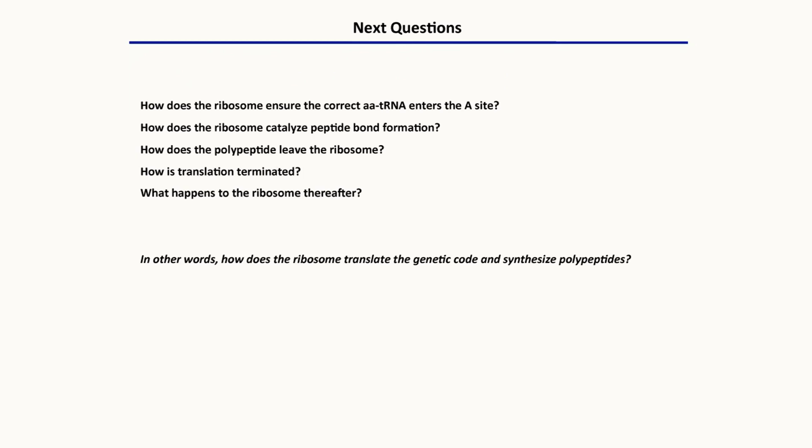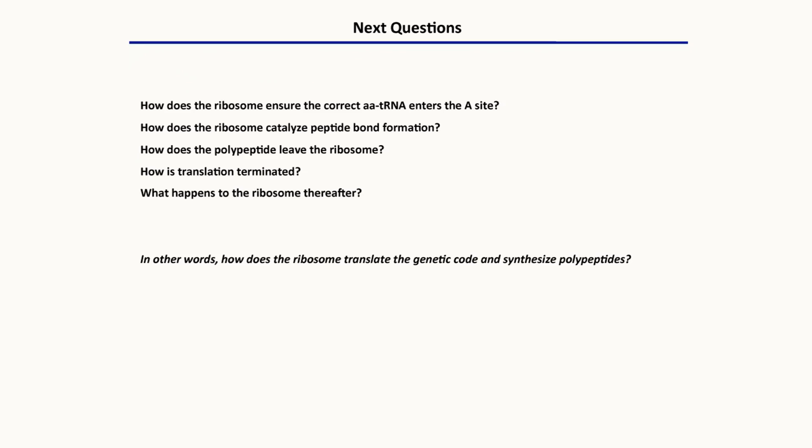How is peptide bond formation catalyzed? What is the method by which polypeptides leave the ribosome? And how is translation terminated here? So effectively, these are all questions we need to address in terms of thinking about how the ribosome translates the genetic code and synthesizes the polypeptide.